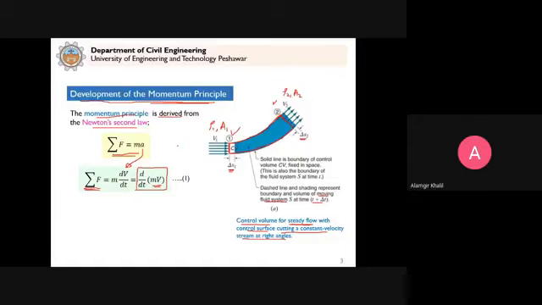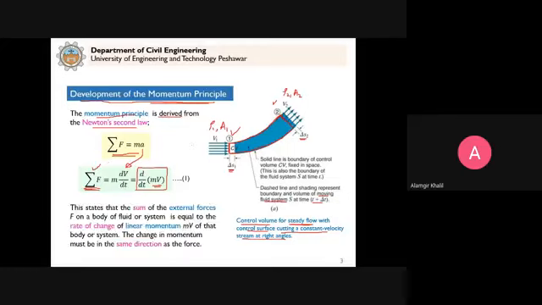So now the next question is: what is the rate of change of momentum for a fluid? We would like to calculate that so that we can simplify an equation that we can easily apply to calculate the forces in fluid flow.